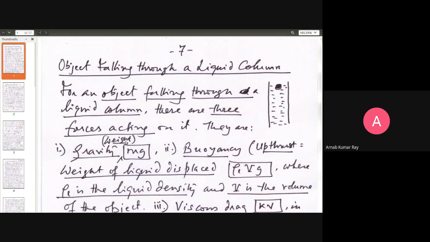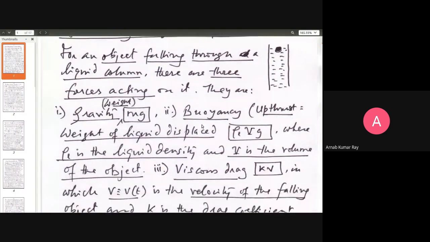When an object is falling through a liquid, the very fact that it is falling downwards means that there is gravity acting on it. But in opposition to gravity, there are two forces that act on the same object. The first is a standard resistance that you are familiar with, namely upthrust.